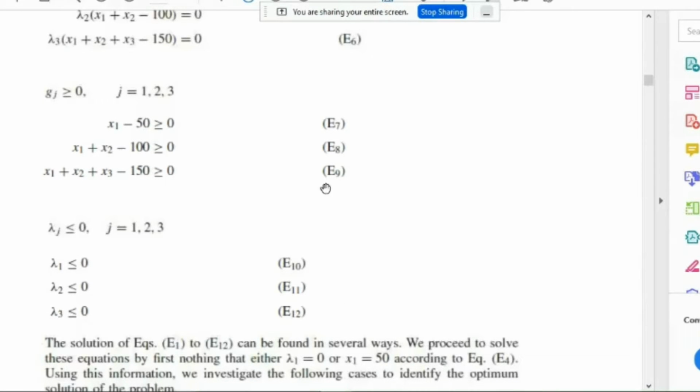If the solution satisfies all of E7 to E12, it becomes the optimal solution. Otherwise, if any one of the constraints, that is E7 to E12, is violated with respect to the determined solution, then that solution is not said to be optimal, right?